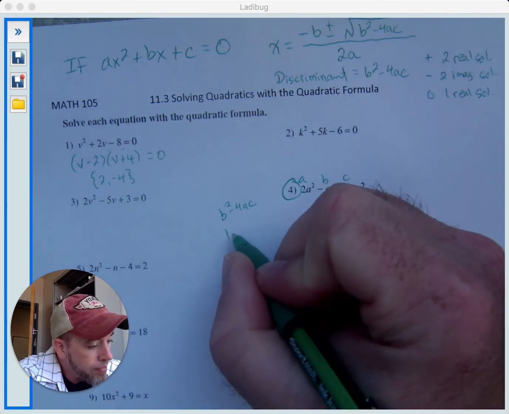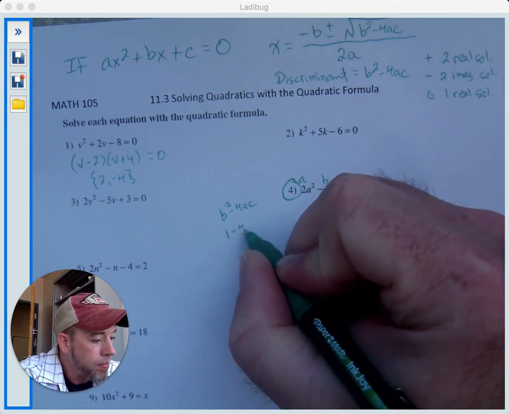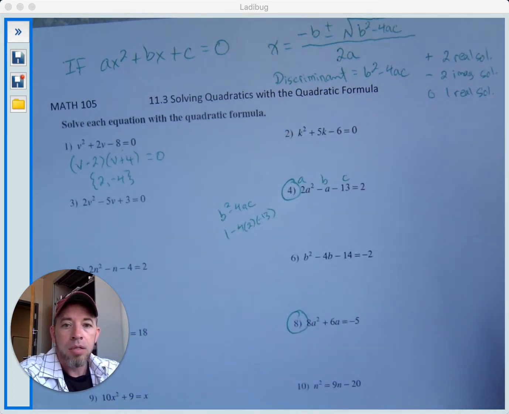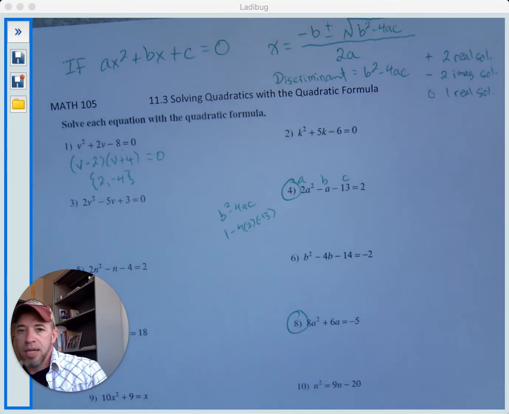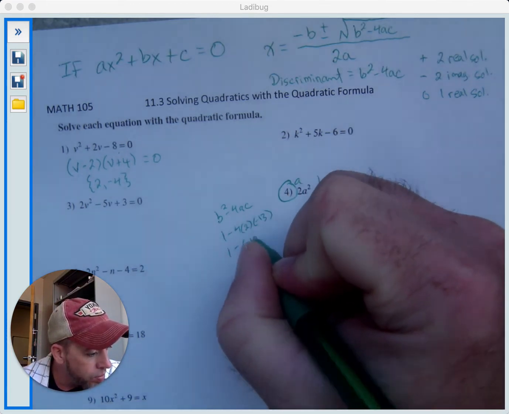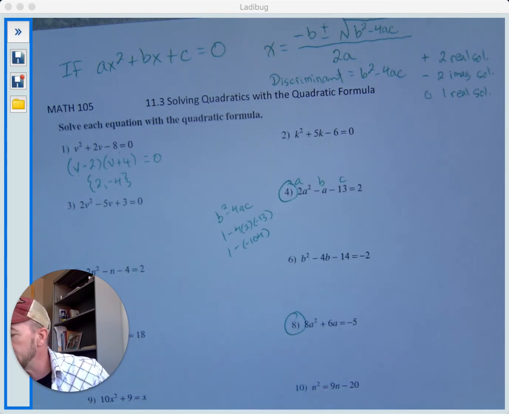Well, that's 1. 4 times 2 times negative 13 goes here, right? So let's see. 4 times 2 is 8. What's 8 times negative 13? 8 times negative 13 is negative 104. So I have 1 minus a negative 104. So that's 1 plus 104, right?